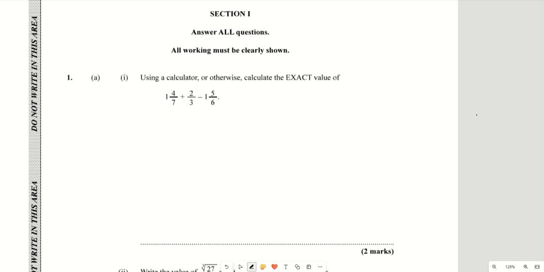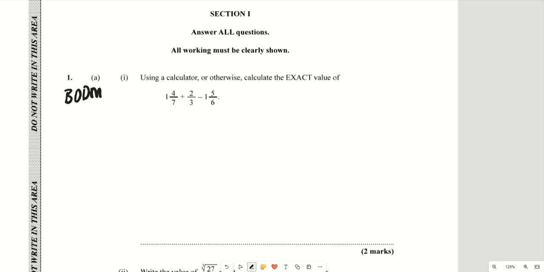Now, when you see a question like this with a combination of operations, and by operations I mean addition, subtraction, multiplication, as well as division, what you can do is follow BODMAS.